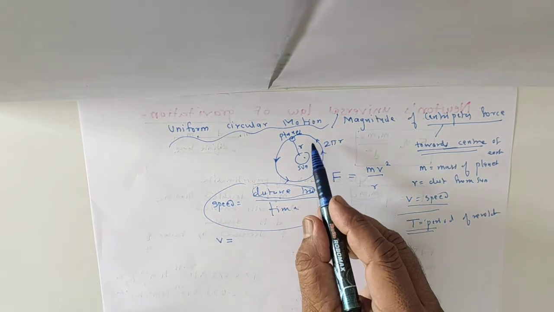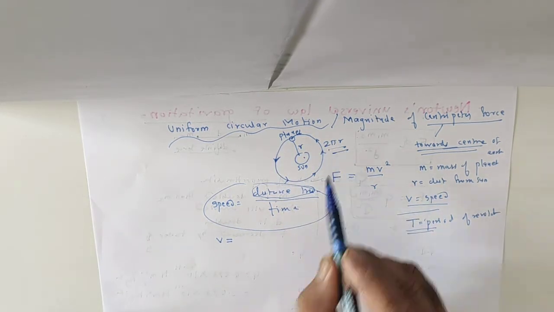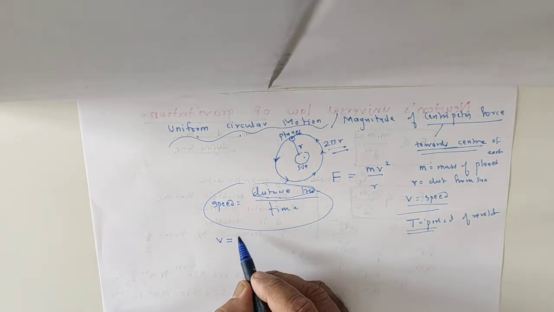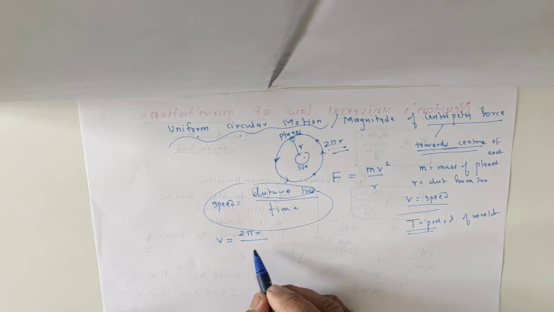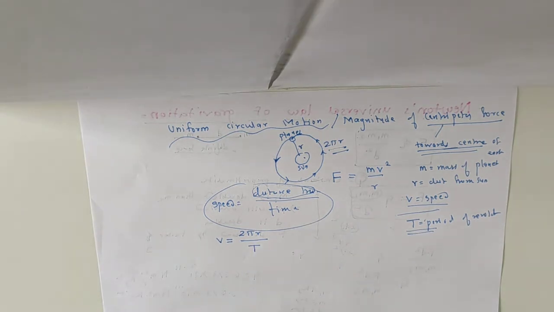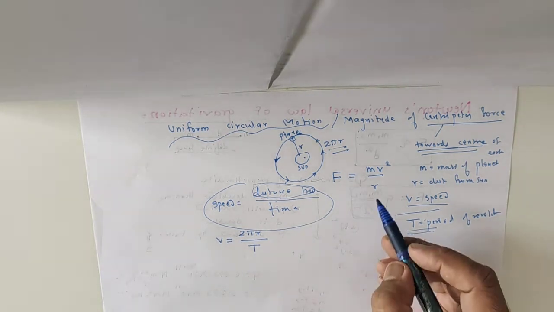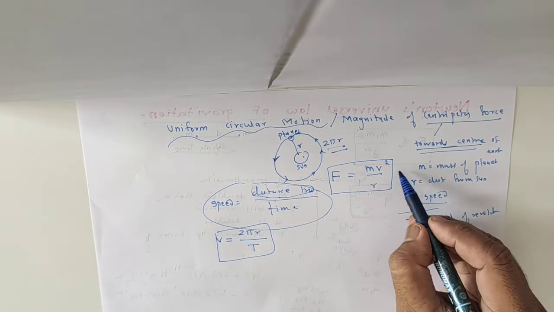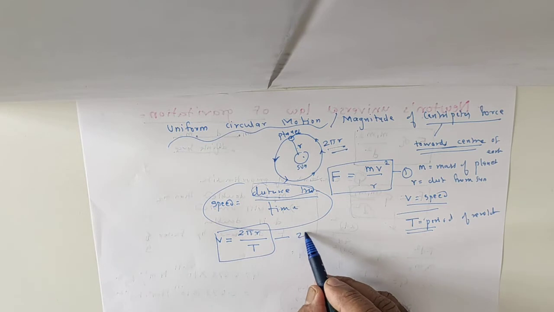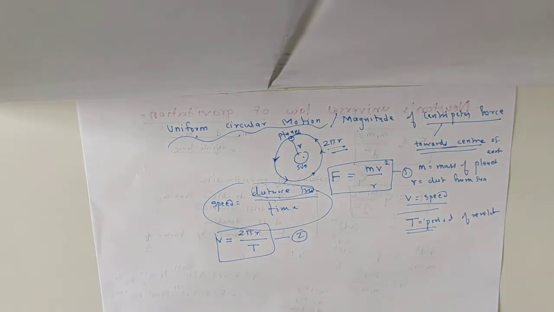Therefore, distance traveled is 2 pi r and time is capital T. Now we use these two expressions for Newton's conclusion.